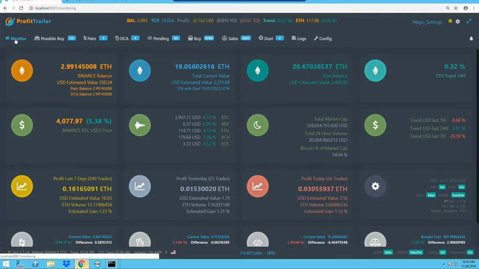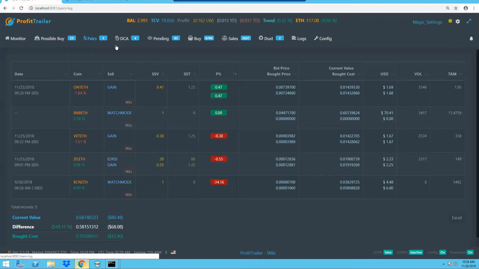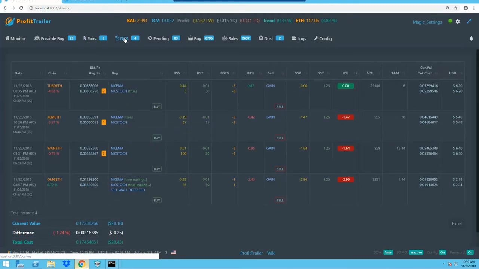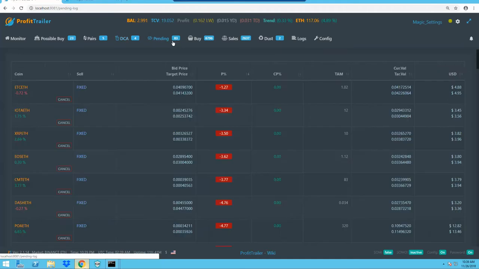Again, this is the monitor. This is my pairs files, current settings for coins that are being bought, DCA, which is dollar cost averaging, number of bags that I may be holding of each of the coins that are currently being bought, pending, the total number of coins that I'm holding, sales.